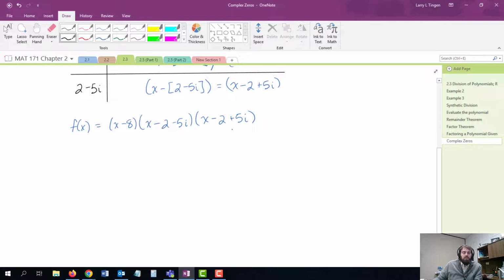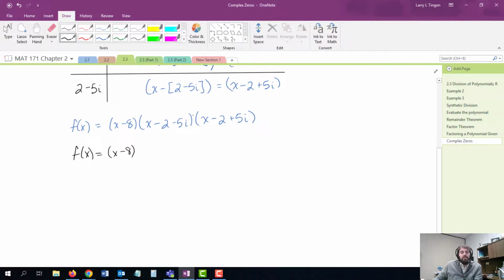If you ever have complex conjugates, because that's what they are, what's different is the plus and the minus. When I multiply these together, it's going to multiply out all the imaginary parts, and all I'm going to be left with is terms that have non-imaginary coefficients. So I don't want to say cheat, but instead of multiplying the first factor by the next, I'm going to multiply these two together first, the factors that have the complex numbers in them.